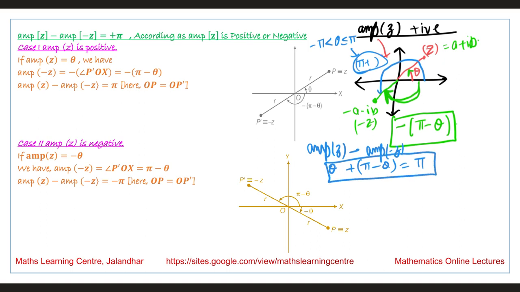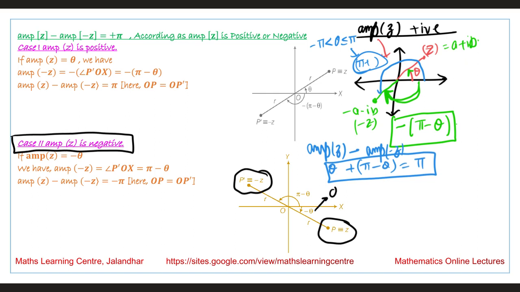And the second case we have is when amplitude of z we are taking is negative. When amplitude of z is negative, z lies over here, this theta is negative, and minus z lies over here.